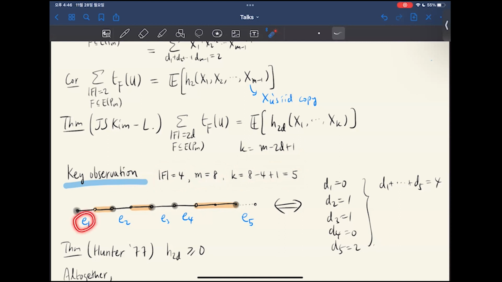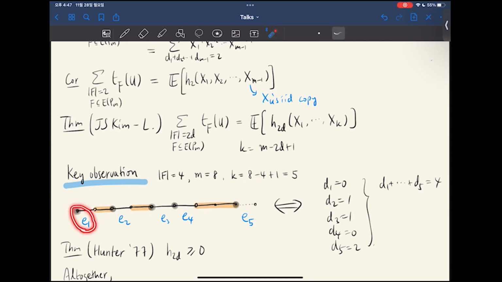So here E1, E2, E3, and E4. And I add one imaginary edge, E5, at the very end. And what I'm going to do is to look at the leftmost vertex of each E, which I marked gray here. And then I look at the component of f that includes this vertex.